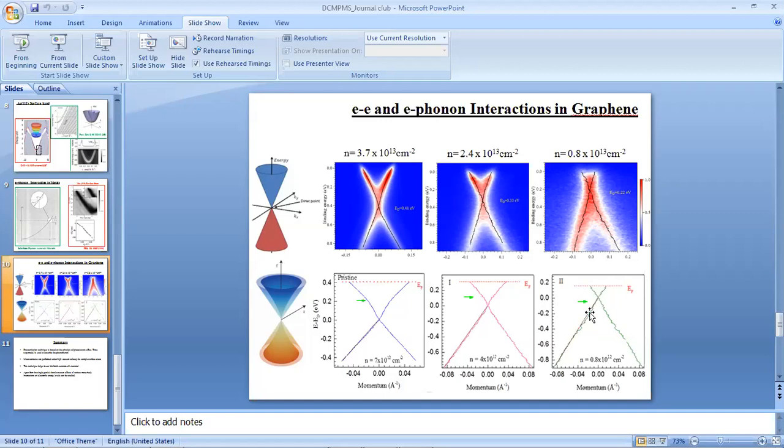There the electron-phonon interaction cannot be present, because the Debye energy is only 200 meV. Up to 200 meV I can have the deviation due to electron-phonon interaction, and beyond that, whatever deviation is there is due to electron-electron interaction. And in this case particularly, those two contributions are mixed up here.